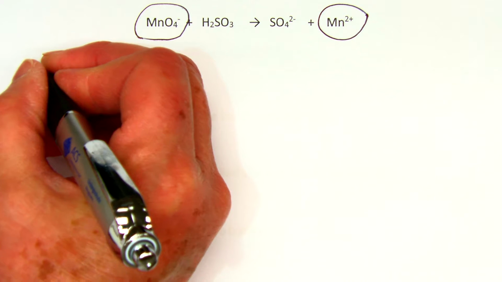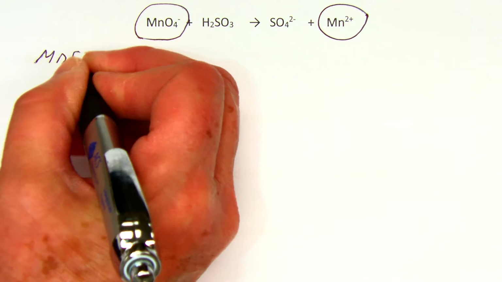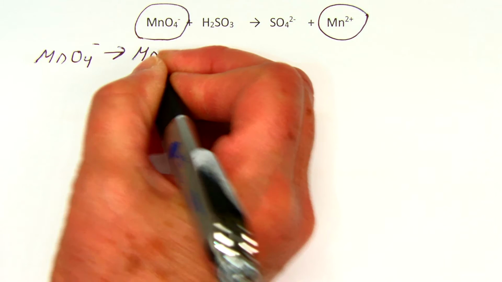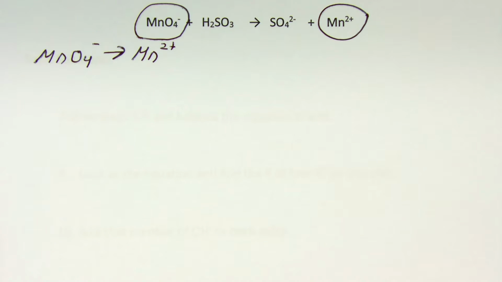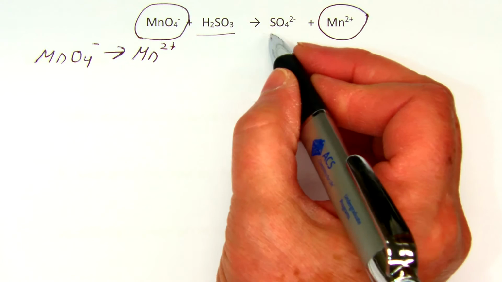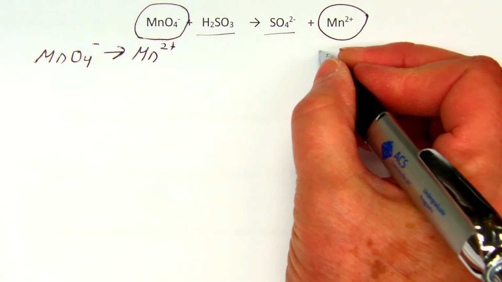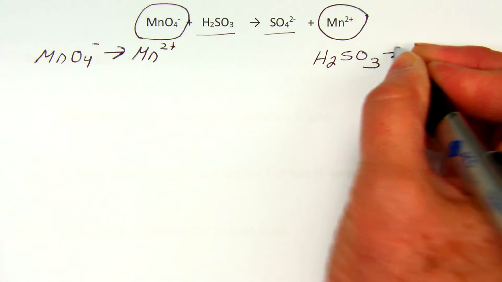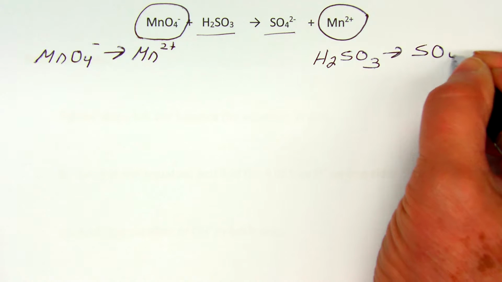So I write permanganate yields manganese. And that is my first half reaction. Then I see what's left, and I see the sulfur half is left. Sulfurous acid yields sulfate.